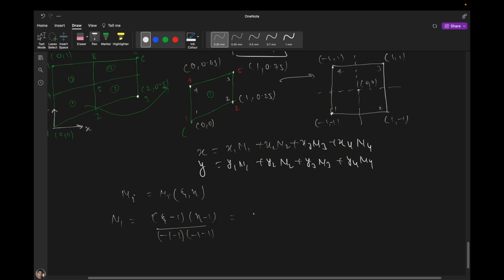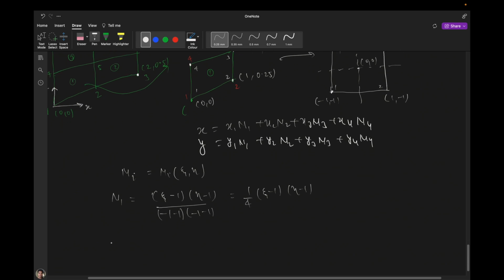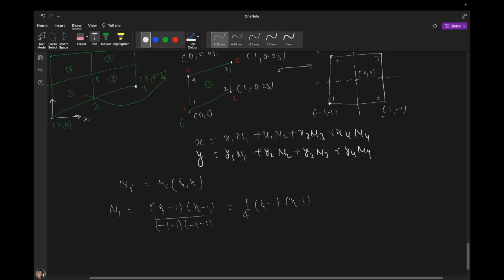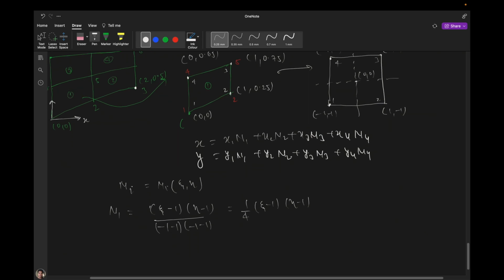So it will be 1/4 (xi minus 1)(eta minus 1). So when you substitute xi equal to 1, it will be 0, and when you substitute eta equal to 1, it will be 0.